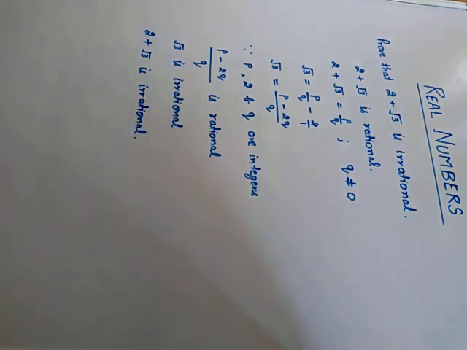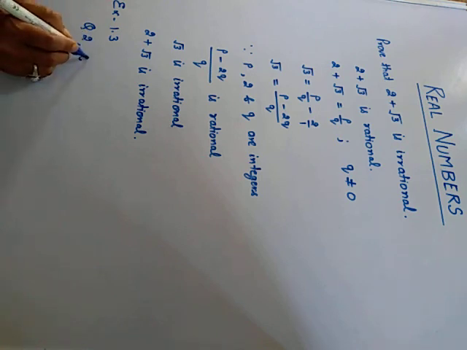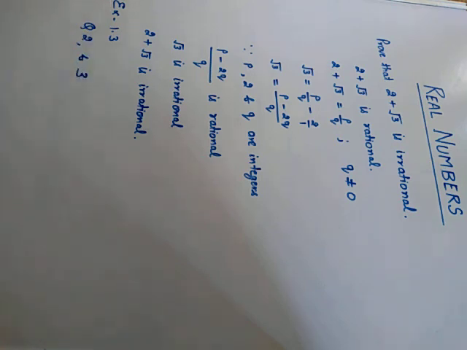So by this you can do exercise 1.3 question number 2 and 3, and reference sums you have to prove that root 7, root 11, root 13 are irrational numbers.